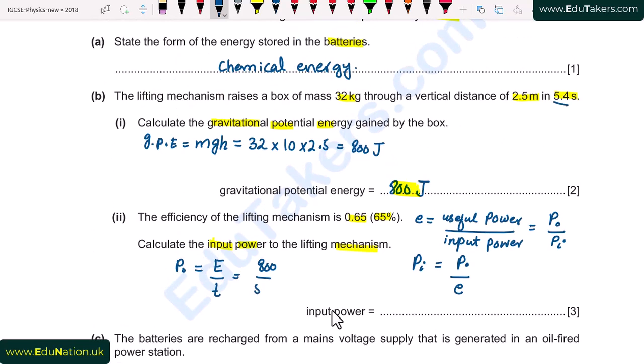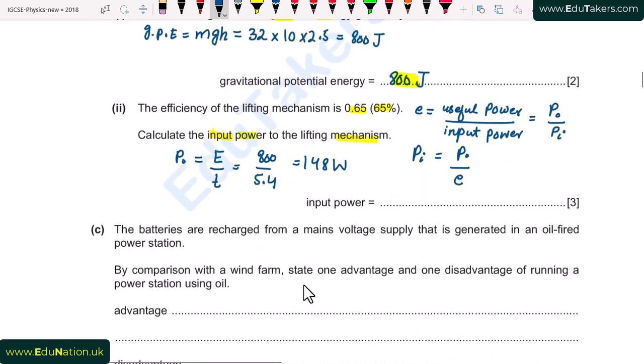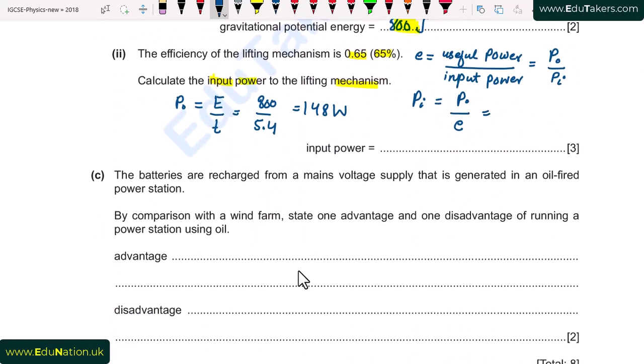So that the value of power comes to be 148 watt. This is the output power. So I put values here, and it comes to be 148 divided by efficiency 0.65. And the input power comes to be 228 watt, and it is approximately equal to 230 watt. So I write here input power is equal to 230 watt.